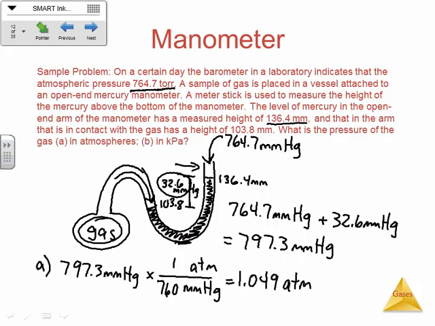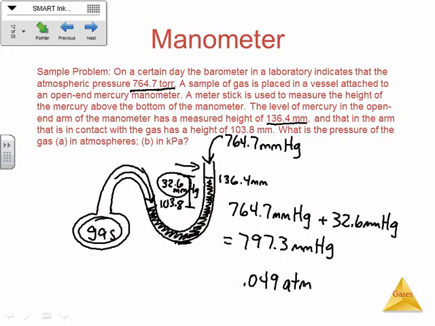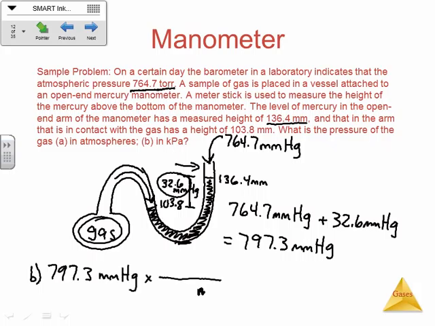Now the other one here, in kilopascals. I'm going to have to erase this because I ran out of room here. So for B, 797.3 millimeters of mercury. Just do our other conversion here.